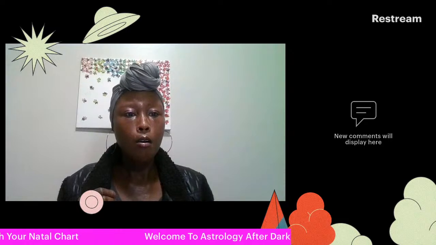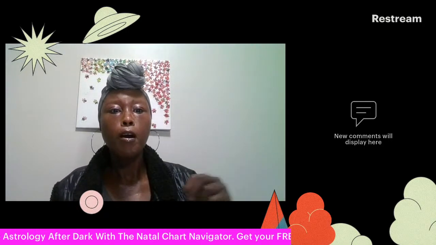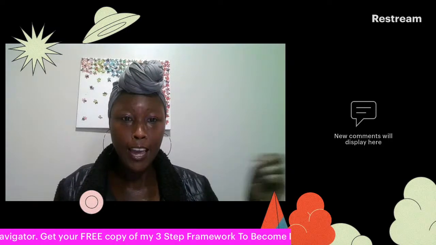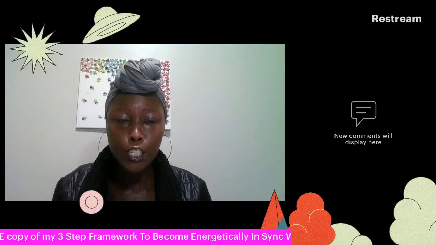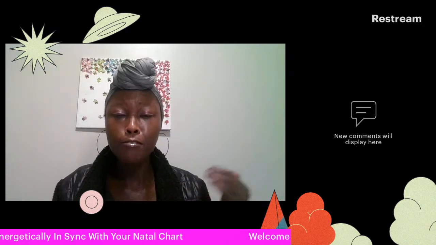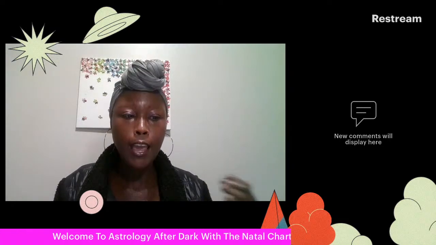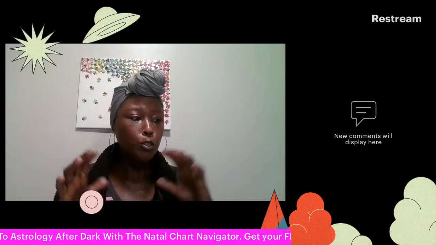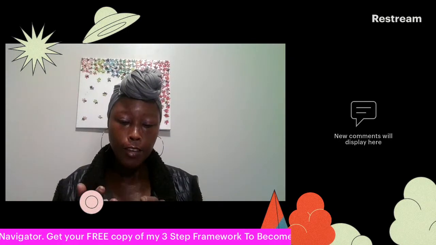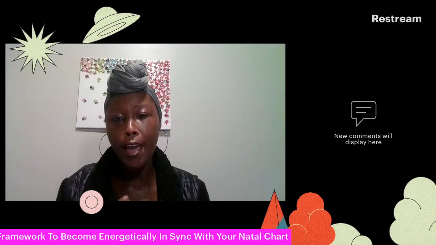Okay. So the key is to recognize that these challenging aspects offer opportunities for your growth, for your self-awareness, and for your transformation, okay? And they act as cosmic invitations to overcome obstacles and integrate conflicting energies for a more harmonious existence. So you definitely want to pay attention in your chart to how many squares you have, how many oppositions you have, and how many conjunctions you have.